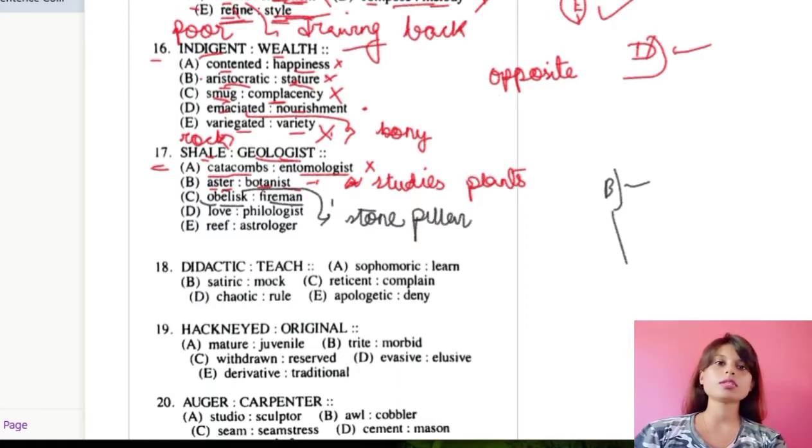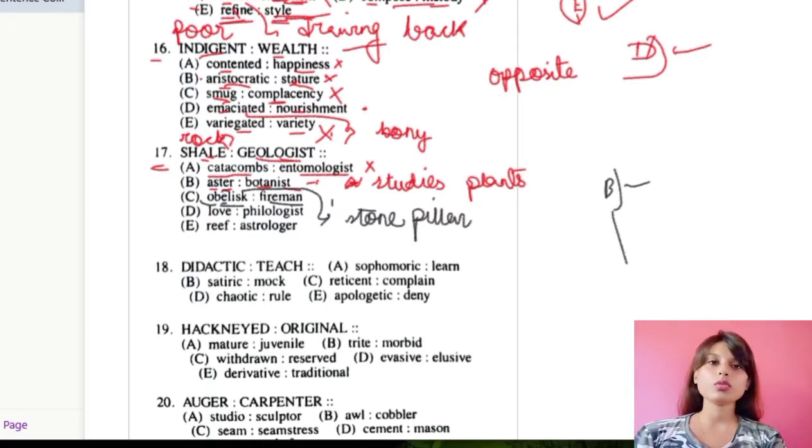So suppose we consider number C, this is not making any sense, because if we look over to the question once again, shale means rocks and geologist means the person who studies those rocks. So if we put that kind of relation in number C, obelisk and fireman is not making any sense.